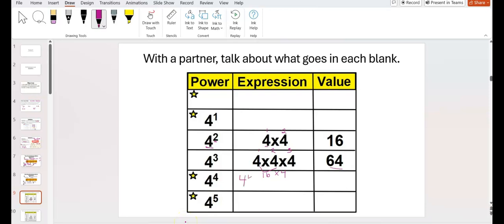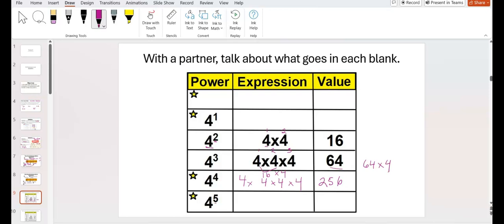4 to the fourth power is going to be 4 times 4 times 4 times 4, and that, my friends, is going to be 64 times 4. So I'm going to get 200 and something, 56.